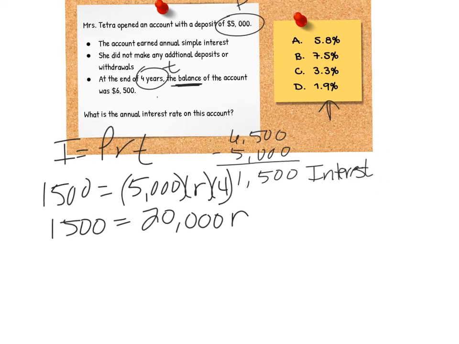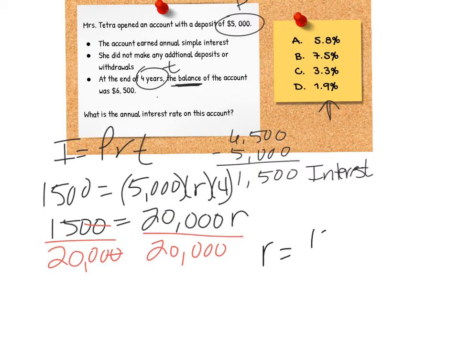Not a big deal. I undo the multiplication with division. So I divide by 20,000. Divide by 20,000. And yes, I have a calculator, but I'm going to make it a little easier on myself. So my rate is equal to 15 over 200.